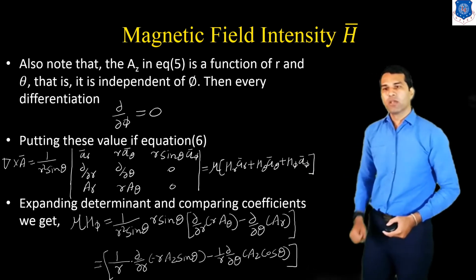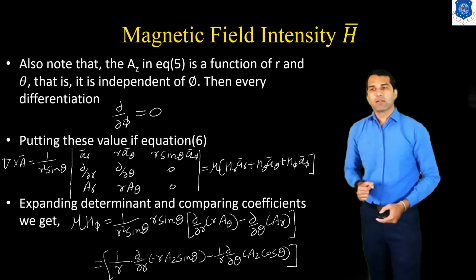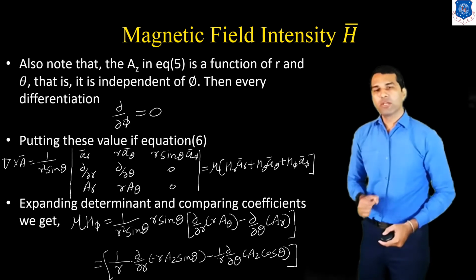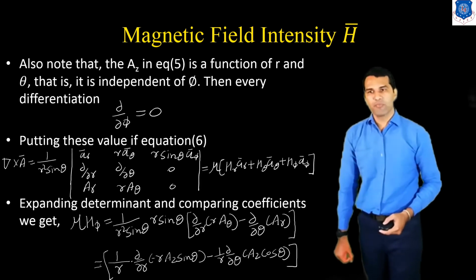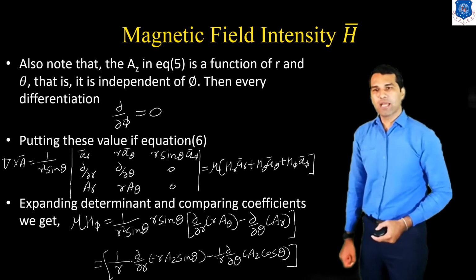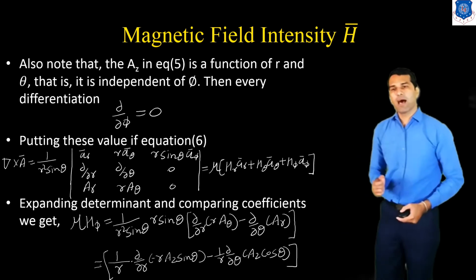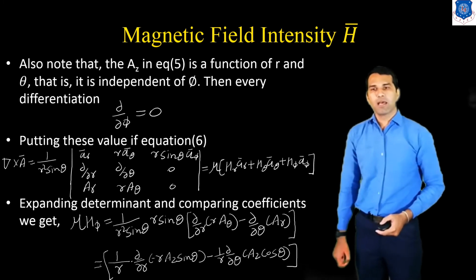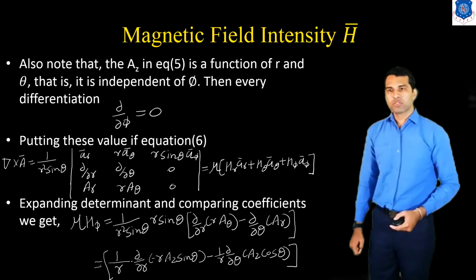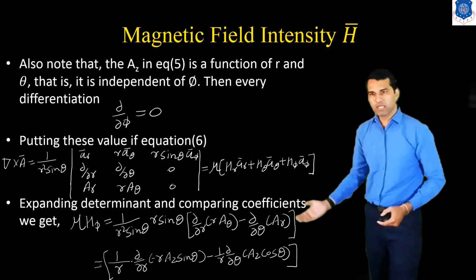So first, nu into H_phi, we can write as 1 upon r square sine theta, and r sine theta in bracket, del by del r of r A_theta minus del by del theta of A_r. So now we solve this equation.